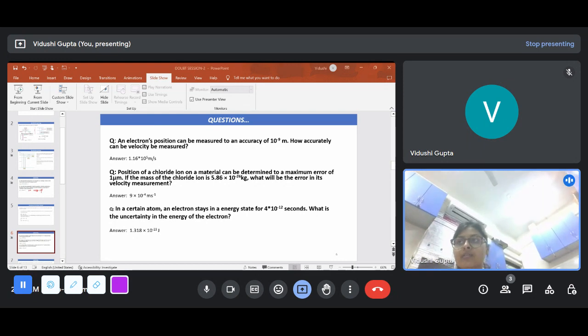Lambda naught, you know the value, it's 680 nanometer. So it will be 680 into 10 minus 9 meter. Or you can also write as 6.8 into 10 minus 10. Or you can write as 6.8 into 10 minus 7.